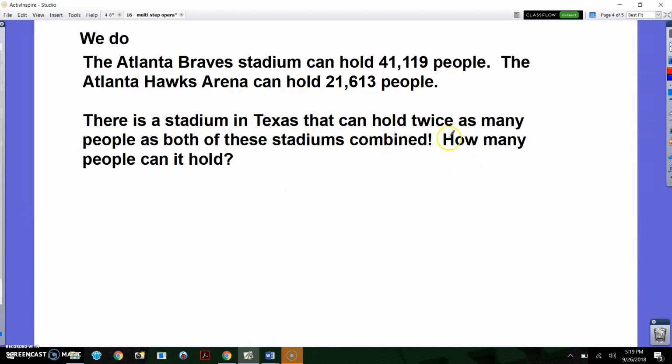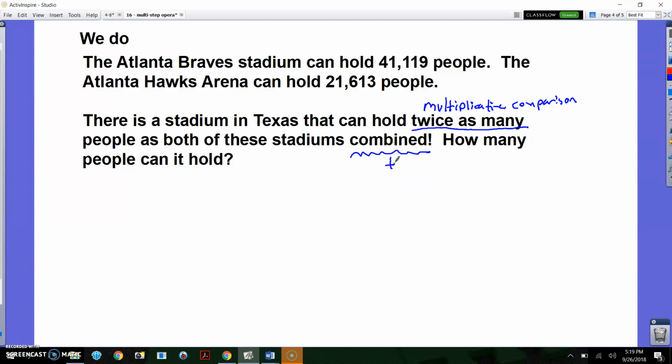Okay, so let's see. I see some words in here I want to talk about. Twice as many. That sounds like a multiplicative comparison to me. And I also see the word combine. Combine means put together, and usually tells me I'm going to do some adding.